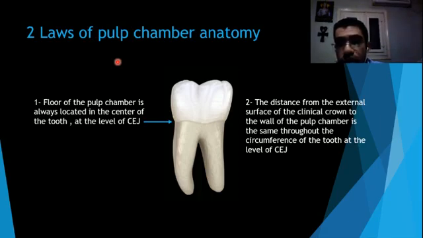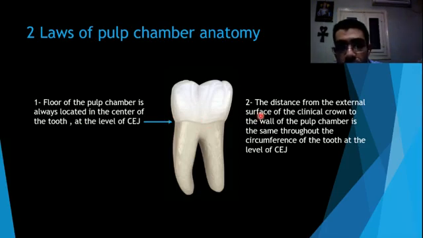So you will think that the pulp tissue is shifted to the mesial side. No, it's not shifted to the mesial side, it's in the middle of the tooth. We only do our access from the mesial side to have accessibility for canal orifices, but in fact the pulp tissue or the pulp chamber is located at the middle of the tooth for all of it. And the floor of the pulp chamber is located at the level of the CEJ, the cemento-enamel junction.